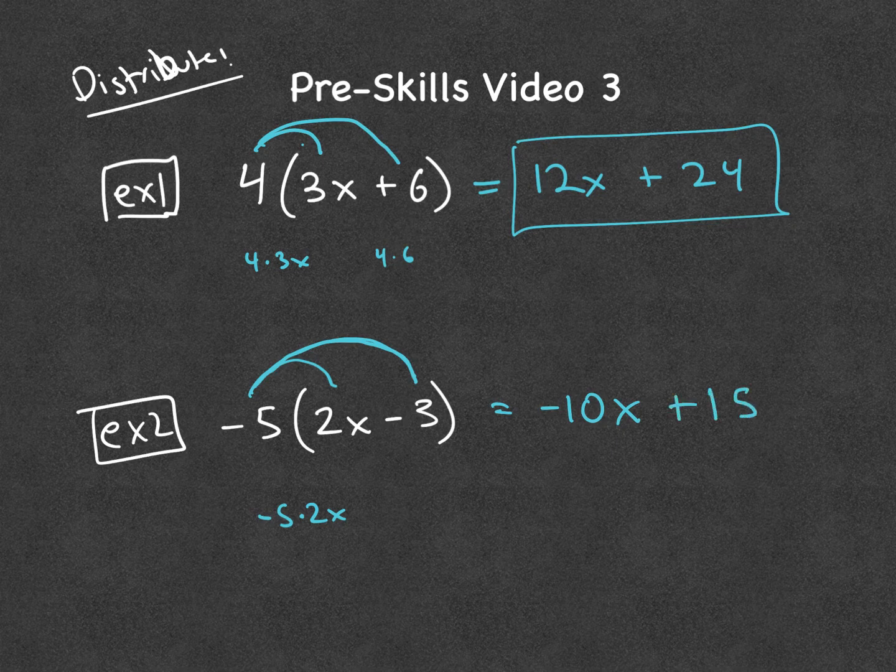And so you can think of this minus as a negative. Negative 5 times negative 3, positive 15. Notice every time I write this little arrow or line showing the distributing that I'm doing. Okay, a couple more examples.